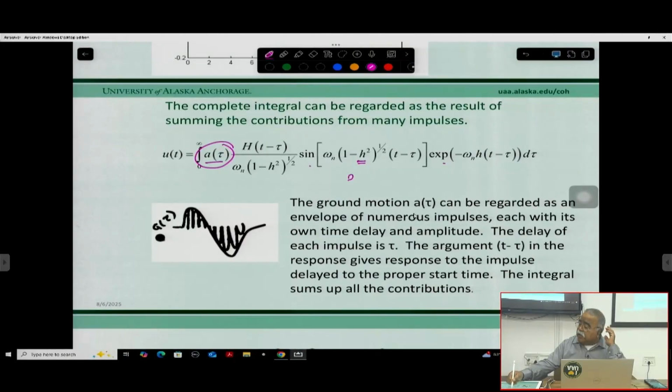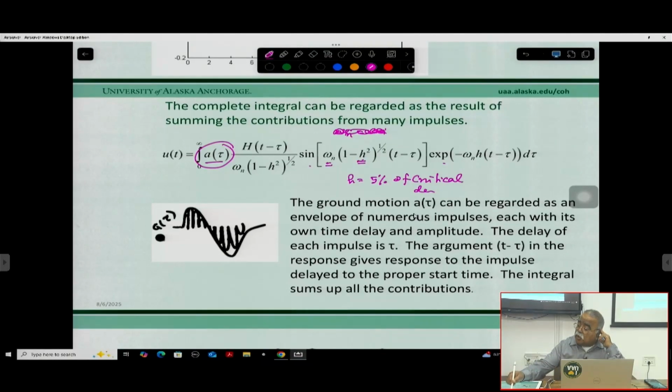Let's say damping is equal to 5% of the critical damping. So this value is known, and then we set the omega n, which can go from, say, 0 to some number.